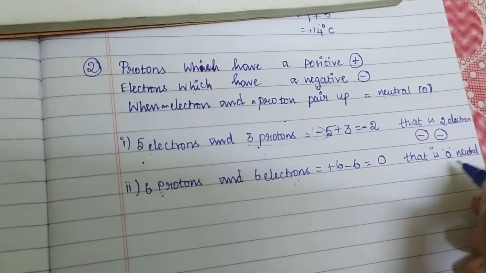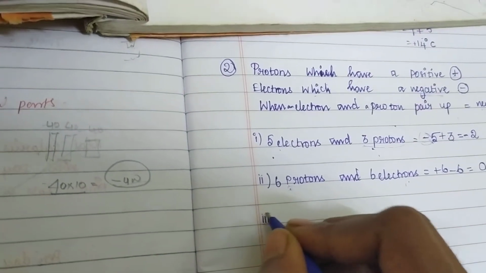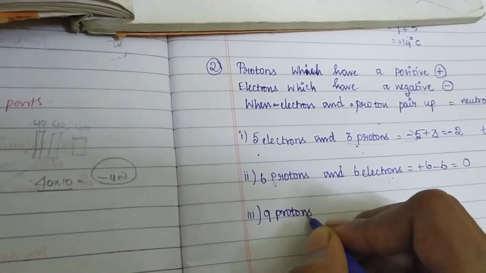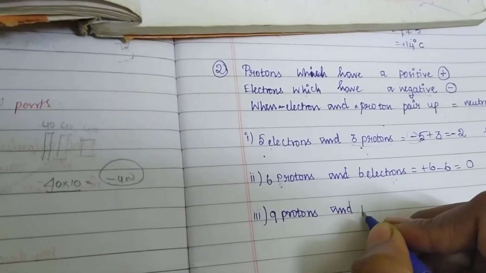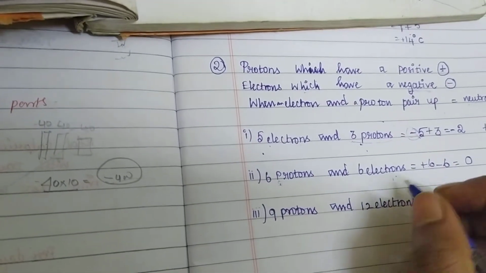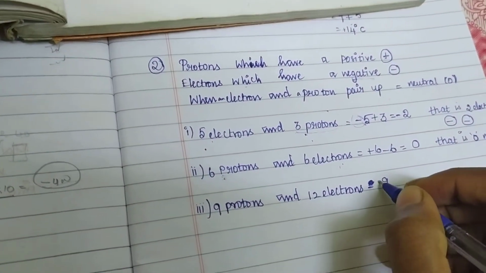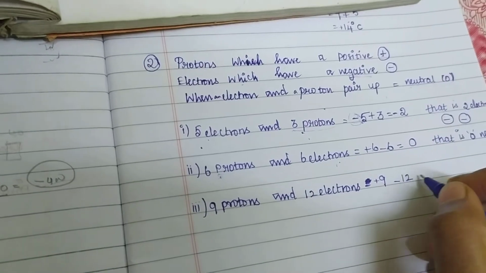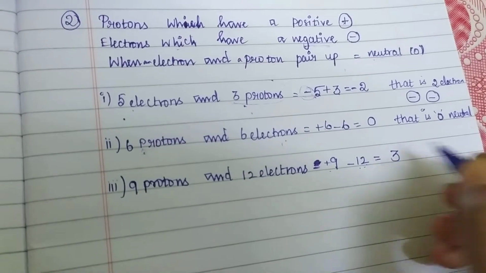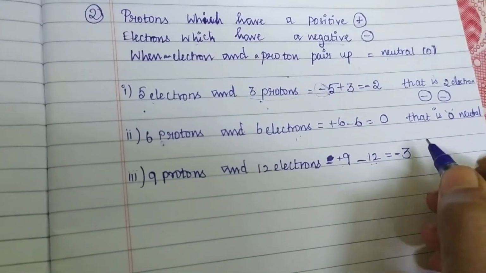0 is neutral. Then in the third, what is given: 9 protons and 12 electrons. So 9 protons means positive 9, and 12 electrons negative 12. 12 minus 9 is 3, and the greatest is 12, so I represent it in negative.